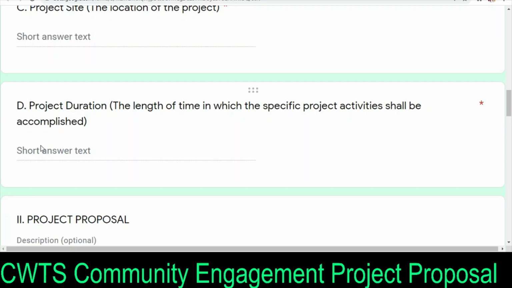So consider maybe 1 month of project implementation. Specify the date, for example, May 15 to June 15, 2021.